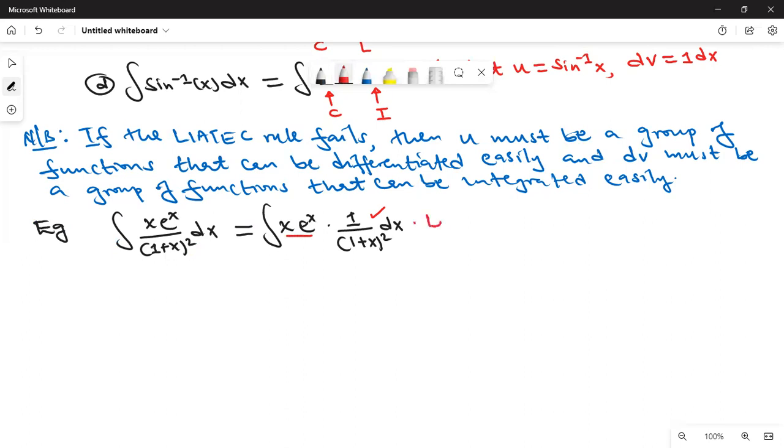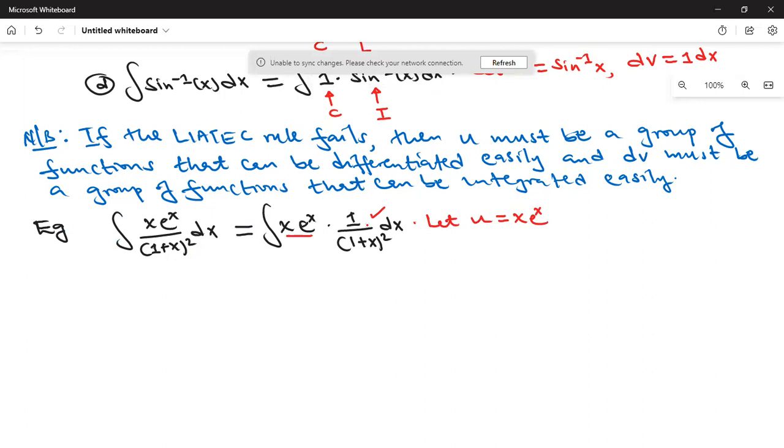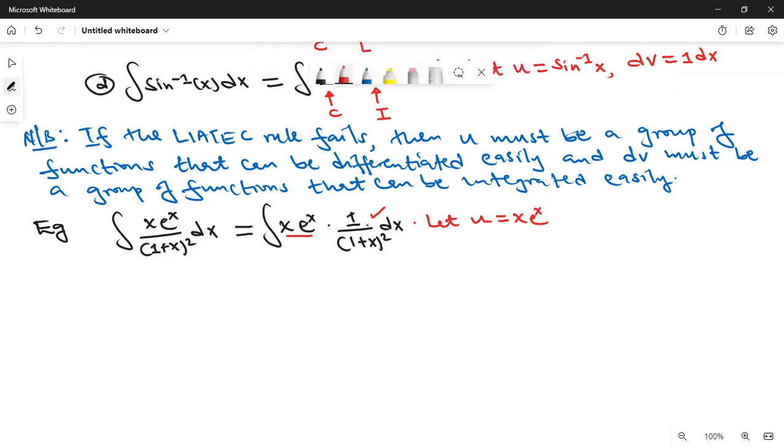So we say let u be equal to x times e to the x, and automatically our dv will be the other function: dv will be equal to 1 over 1 plus x squared dx.